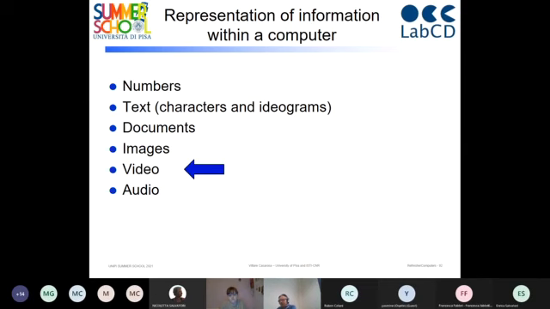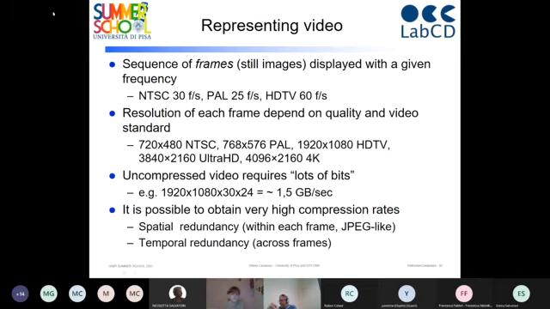I will try to go as quickly as possible, which is video. Video at this point should be, now that we start, what is a video? Video, as we all know, movies were invented by Lumiere at the end of 1800.